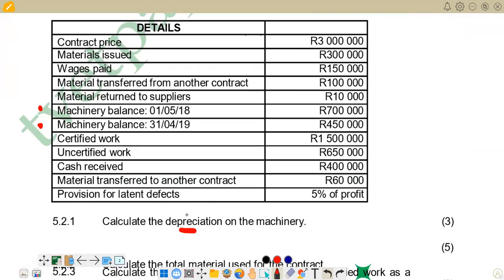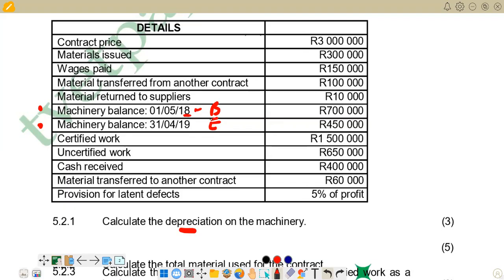We are only given the balances at the beginning and at the end of the period. Sorry, this one is the beginning because it's 2018. This one represents the beginning of the period, and this one is the end of the period.